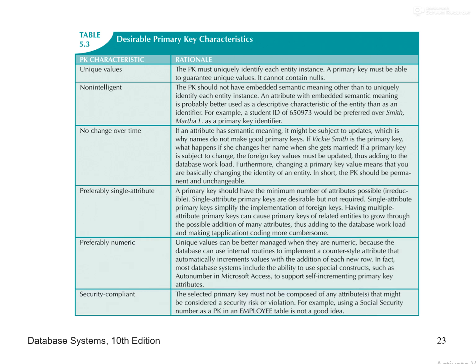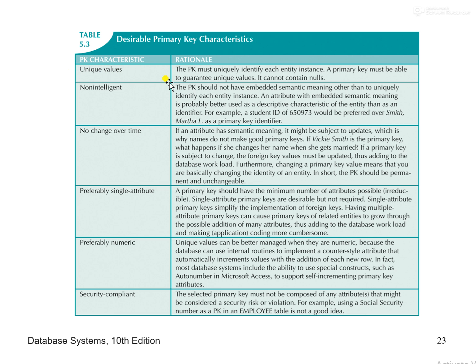Okay, so in this table we list some of the desirable properties of the primary key. First property: the attribute chosen as a primary key should have a unique value. Unique value means its value should not be repeated for any occurrence of an entity or any entity instance.